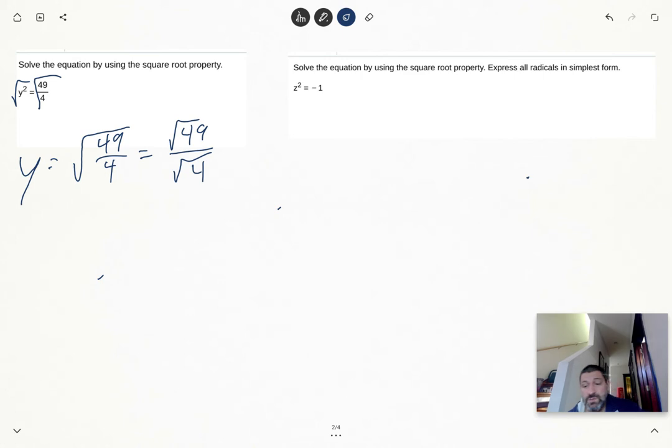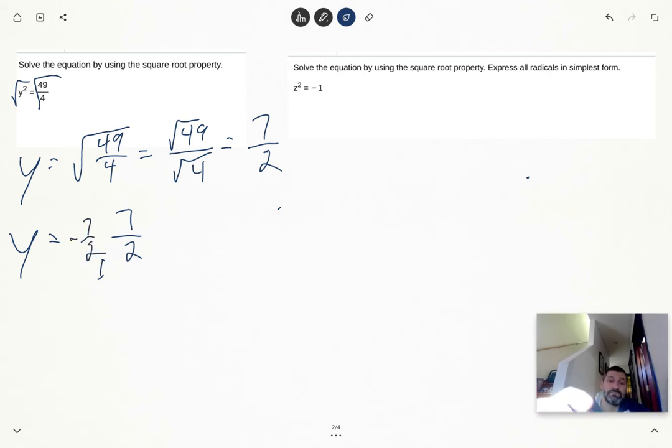So in other words, if you take the square root of the whole fraction, it's the same as taking the square root of the numerator and denominator, which would be 7 over 2. And my answer would be 7 over 2, but also we have to have a negative 7 over 2 as well.